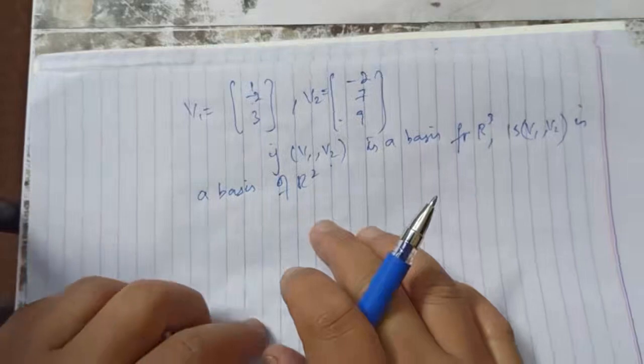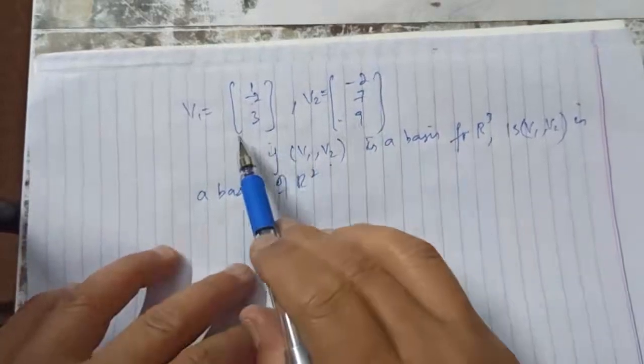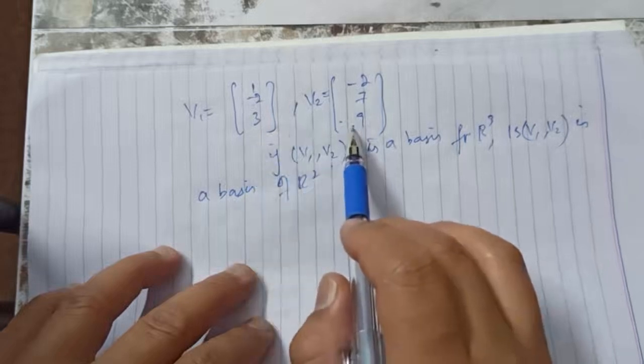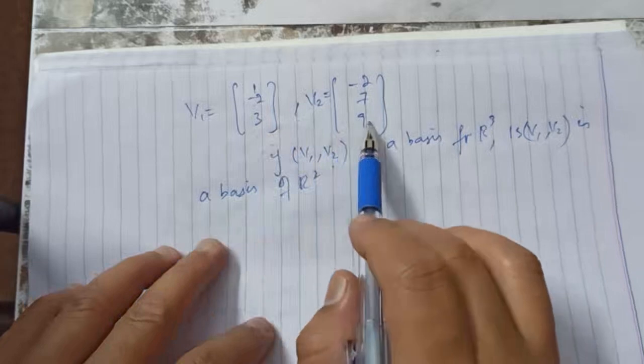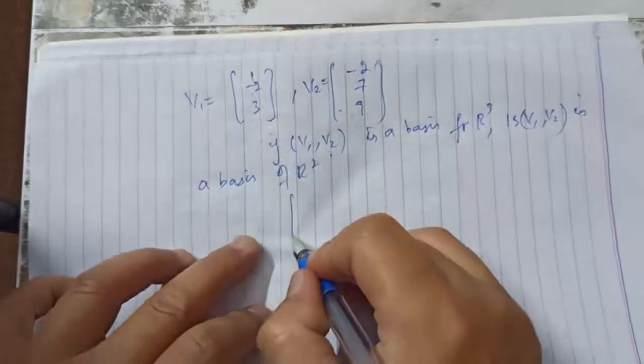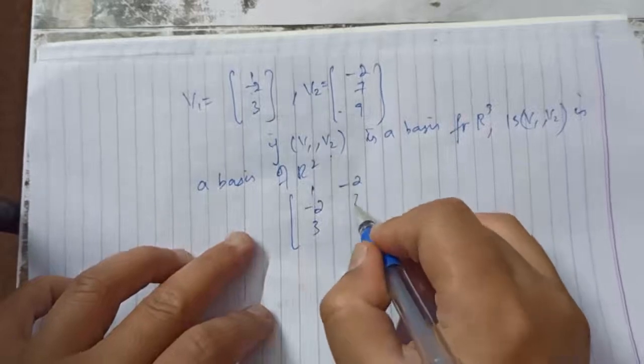You can see here that first of all, to find a basis for R cube, what we have to do is to look for any linear dependence or independence relationship. So you can simply see here 1, minus 2, 3, minus 2, 7 and 9.